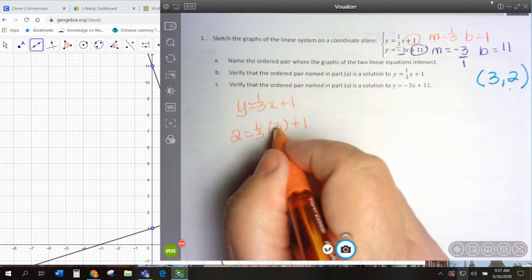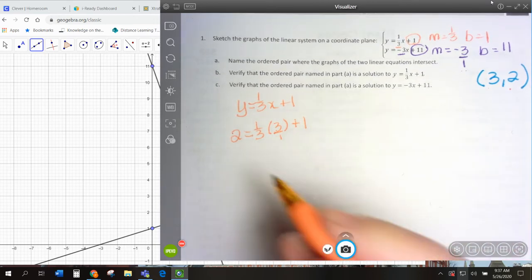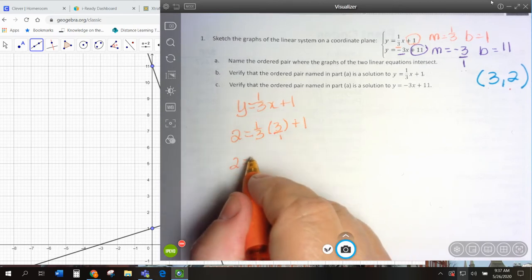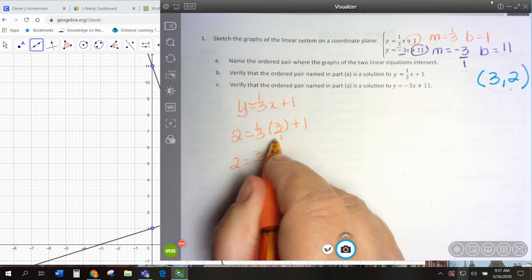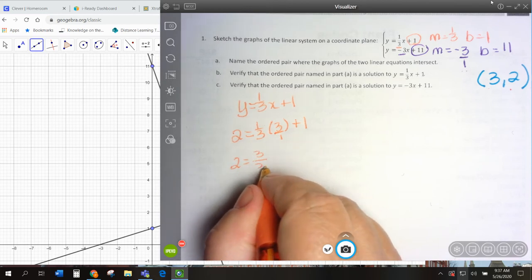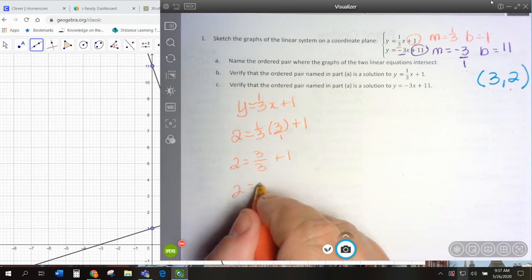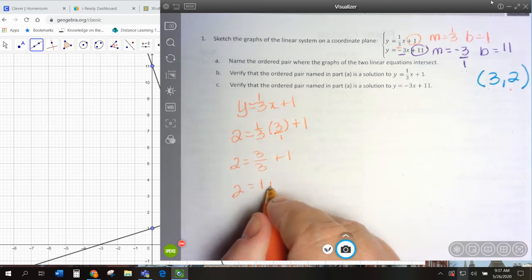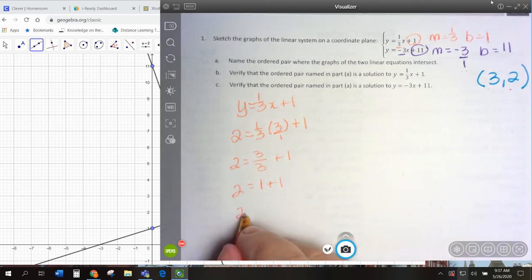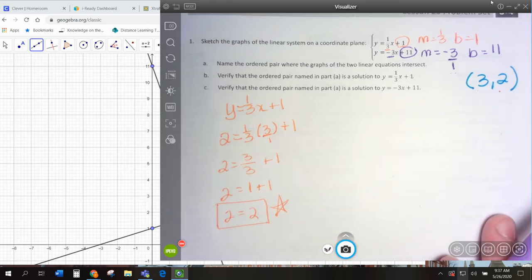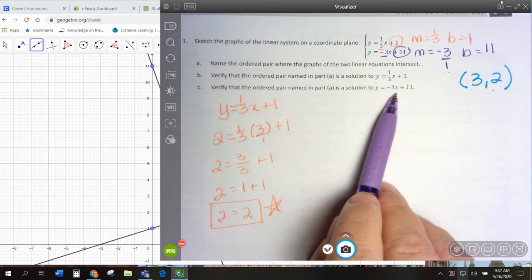Well, let's make this a fraction, 3 over 1, right? So 2 equals 3. 1 times 3 is 3. 3 times 1 is 3. 3 divided by 3 is 1 plus 1. And we get 2 equals 2. So yes, it does work for this.